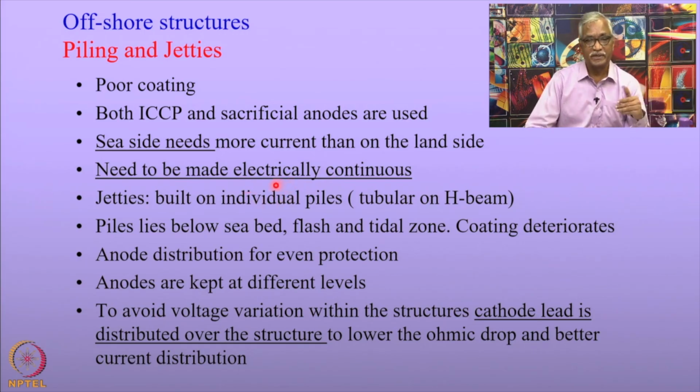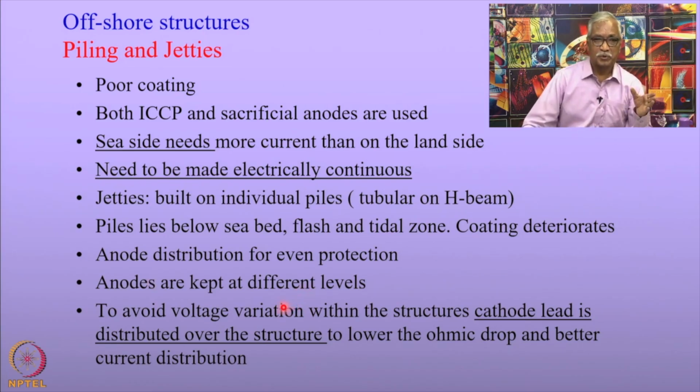Suppose you are protecting cathodically from the onshore, then the structure has to be electrically shorted in order that current flows. If you have structures in the offshore, the anodes need to be kept at different levels so that the current is uniformly distributed in the structures. Okay. That is, anode distribution is very important for even distribution of current and so even protection of the structures.